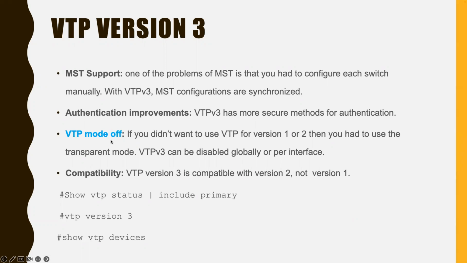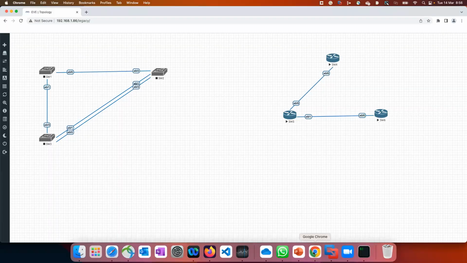Another good thing is that we can turn off VTP globally on a switch or on an interface when configuring VTP version 3. Okay, let's jump onto our lab and try to configure VTP version 3.